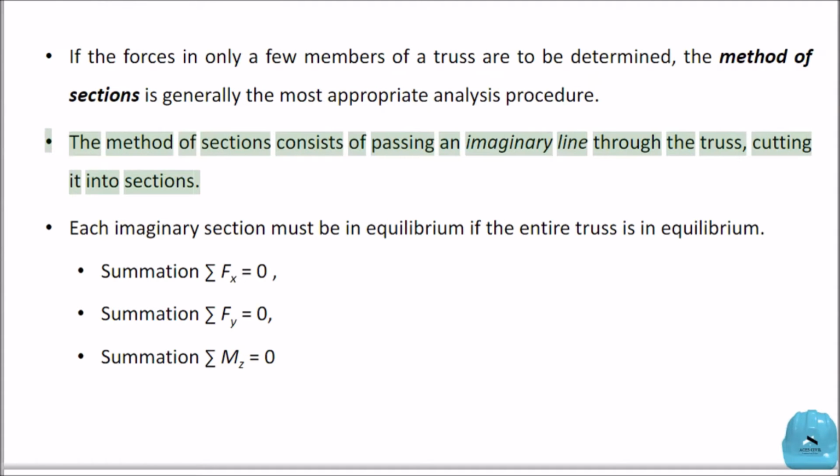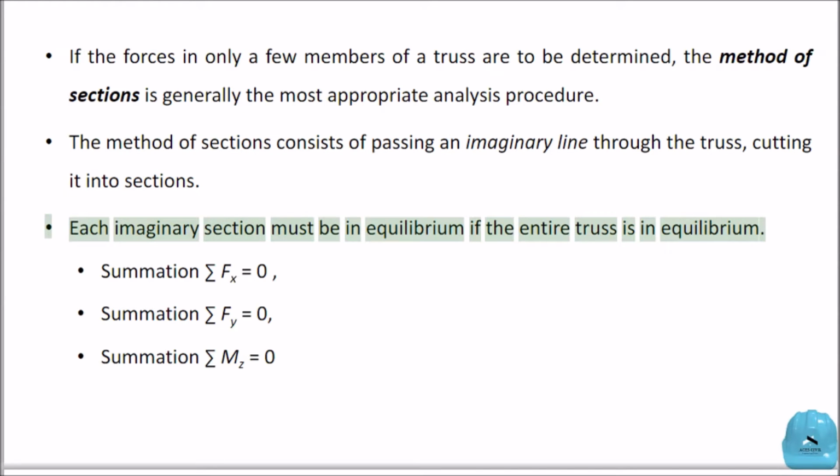The method of sections consists of passing an imaginary line through the truss, cutting it into sections. Each imaginary section must be in equilibrium if the entire truss is in equilibrium.